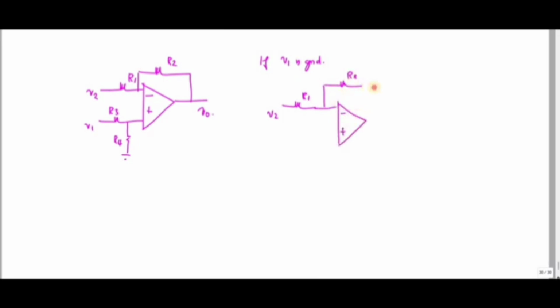Since this is grounded, these two resistances R3 and R4 are in parallel, and this is grounded, so there is no use in connecting the resistor in this way. It is connected to ground only. So what is my value? V0 is equal to minus R2 divided by R1 into V2. That is the answer for the first case by applying the superposition theorem.